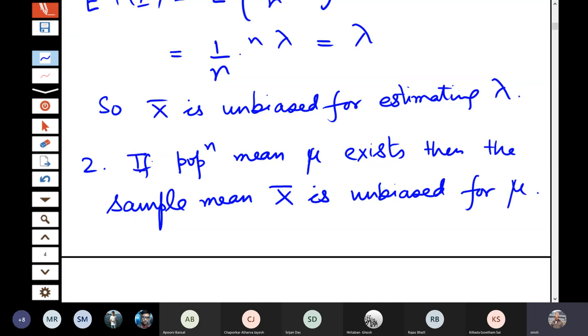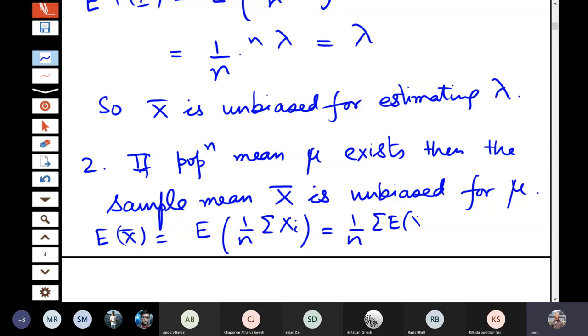Of course, the proof is almost trivial because expectation of X bar is nothing but expectation of 1 by n sigma Xi, that is 1 by n sigma expectation of Xi. Expectation of Xi is mu, so it is 1 by n times n mu, that is mu.